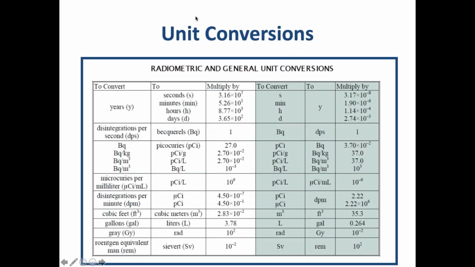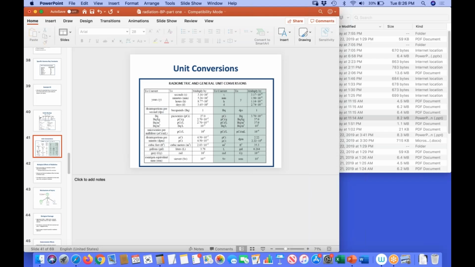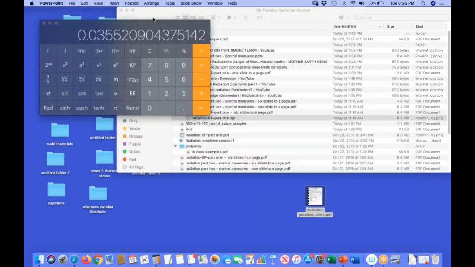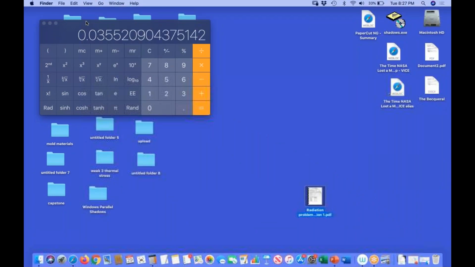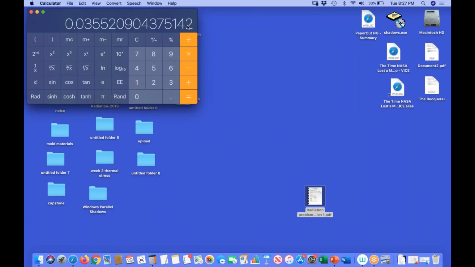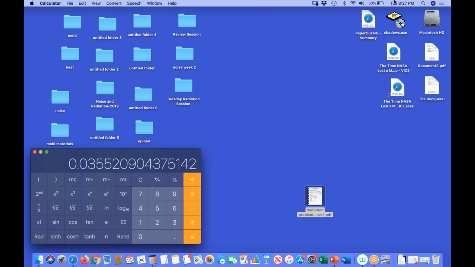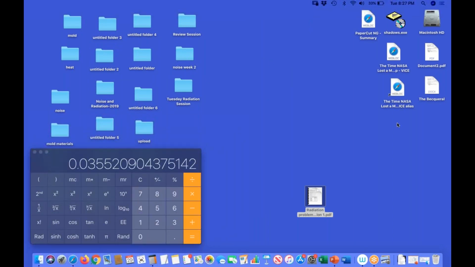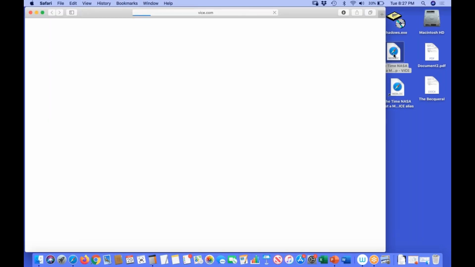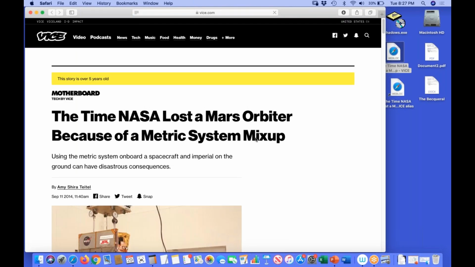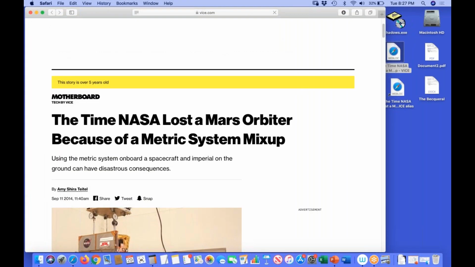Okay, so these conversions are important. Let me give you an example of an important conversion. You guys remember about 20 years ago that NASA worked with an international group to put up a Mars surveyor satellite? Anybody remember what happened to that thing? Exactly. They made a mistake in a metric conversion, right? So literally, these conversions are important.